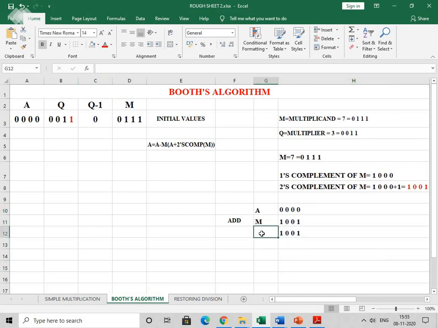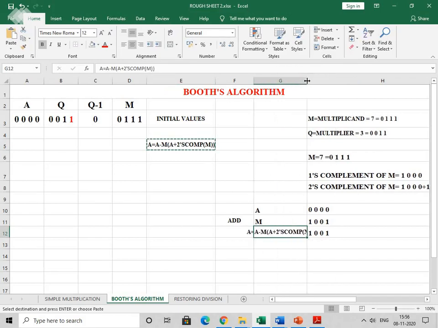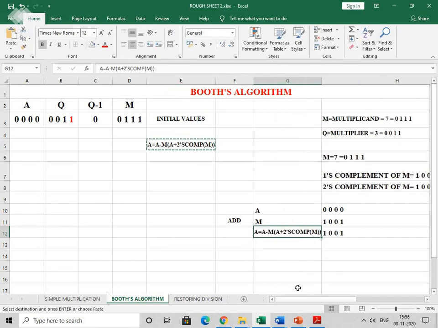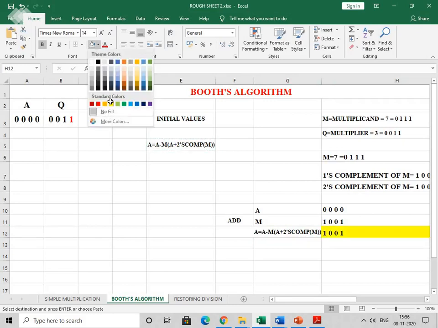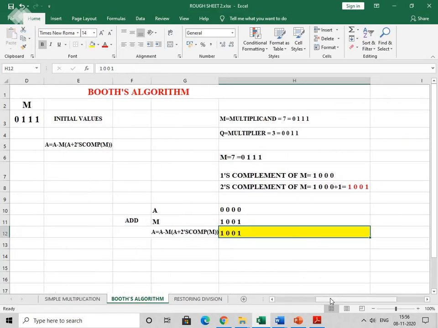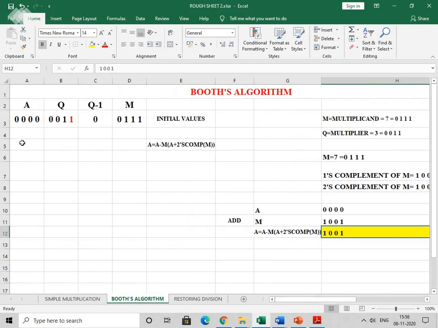So A equal to A minus M, that is A plus 2's complement of M. So we will be copying this number here in A, right?